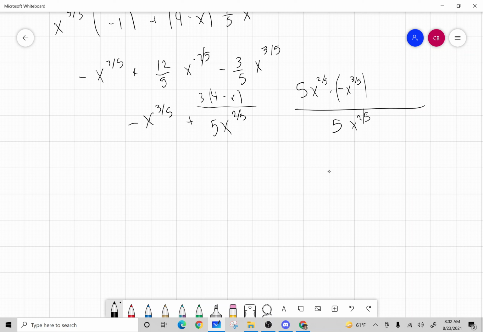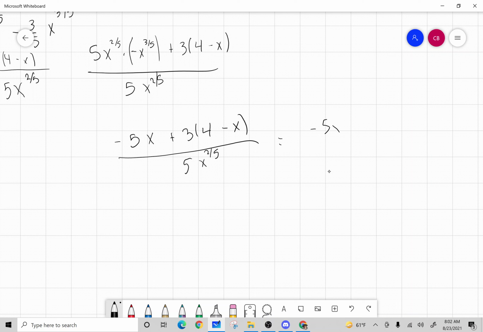And then this equals negative 5x plus 12 minus 3x over 5x to the 2/5. So this is 12 minus 8x over 5x to the 2/5.